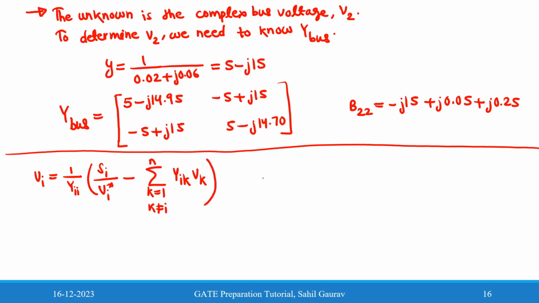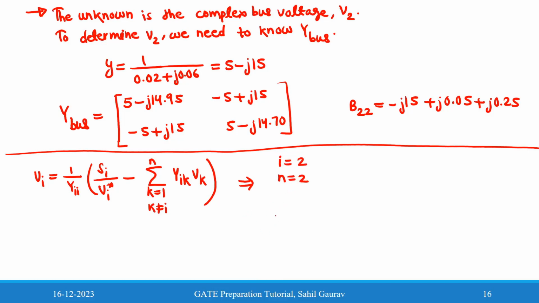For this scenario, we have to find the voltage at bus 2. So i is equal to 2 and n is equal to 2 because this is a two bus system.